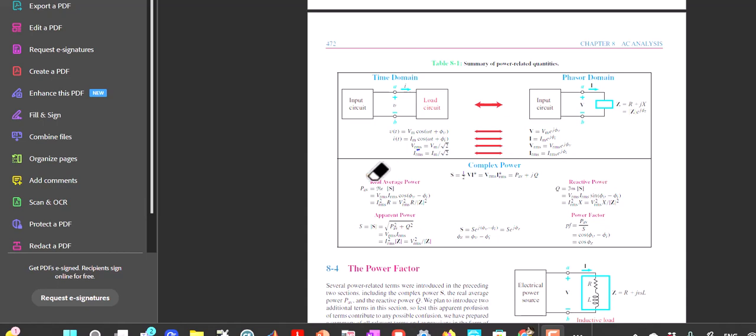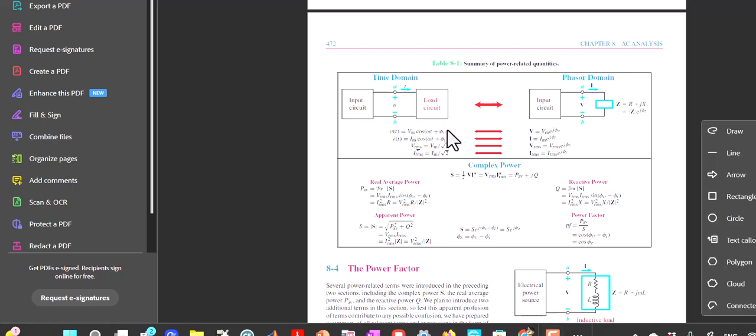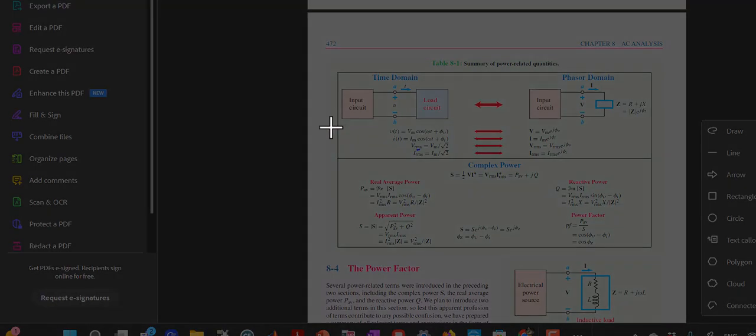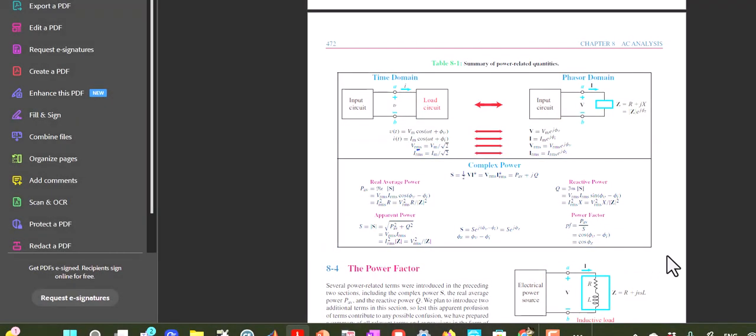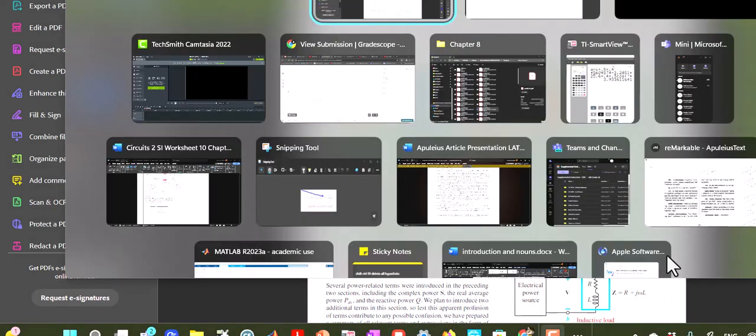I use the information here to calculate all these things.